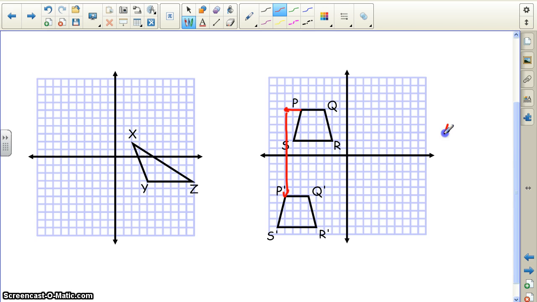So I went to the left 2, so since I went left, it's x minus 2. And for my y's, I went down 11, so it's y minus 11. That's what our rule is going to be. You're going to use that whenever you're coming up with the monogram activity. So that would be a translation.